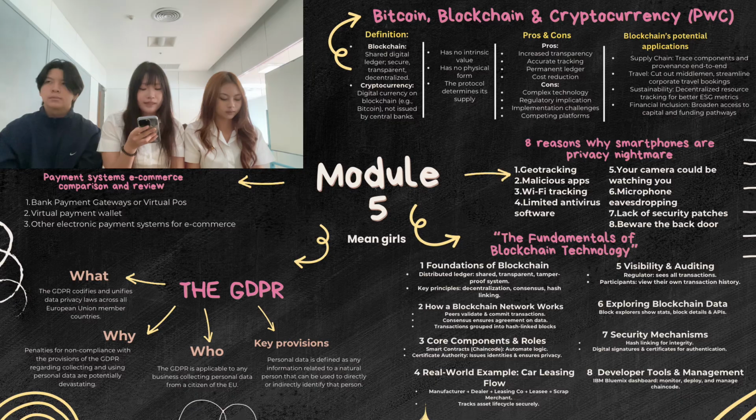That might seem harmless at first, but this kind of data can be used for phishing or even stalking. Second, malicious apps. Apps are what make smartphones powerful, but not all apps are safe. Some request access to your contacts, location, or microphone unnecessarily.